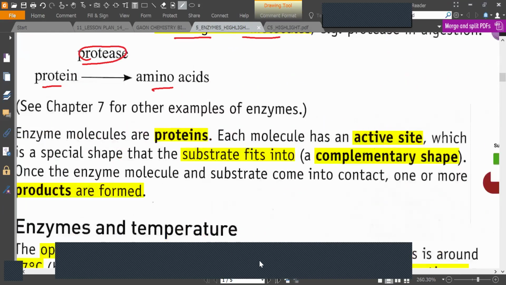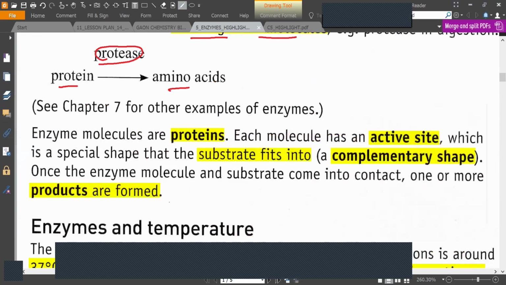Enzyme molecules are basically proteins. Each has an active site with a special shape that the substrate can fit into. This is called a complementary shape. Once the enzyme and substrate come into contact, the products will be formed.